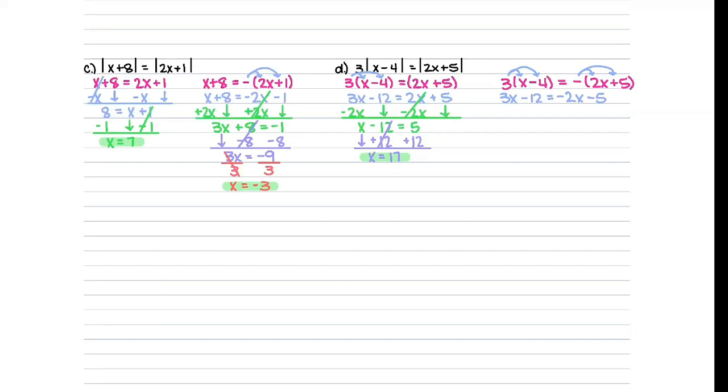I'm going to move that 2x over first by adding it to both sides. Cancel out on the right side. The negative 5 drops down. The negative 12 drops down. So we have 5x minus 12 is equal to negative 5. From here, I just add my 12 to both sides.